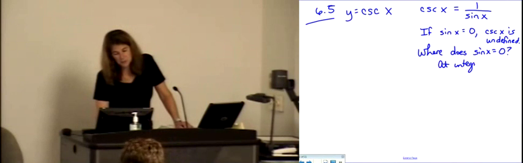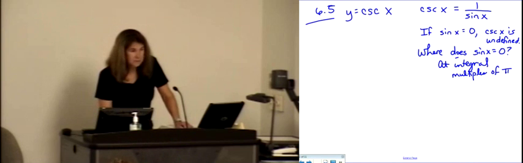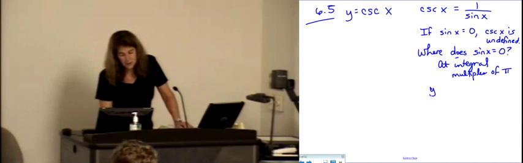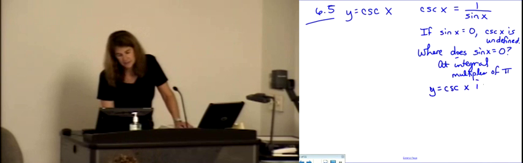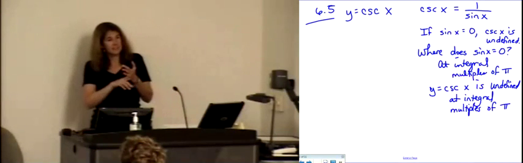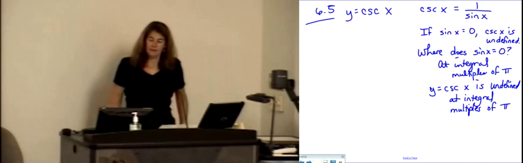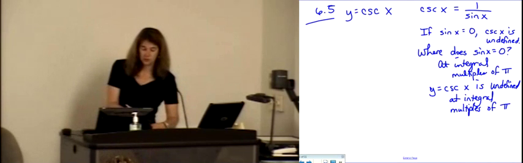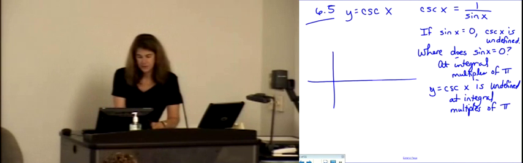Okay, so at those integral multiples of pi, that means then that y equals cosecant x is undefined at integral multiples of pi. If sine x is equal to 0 at integral multiples of pi, then the cosecant's going to be undefined at integral multiples of pi. Let me draw a graph over here.